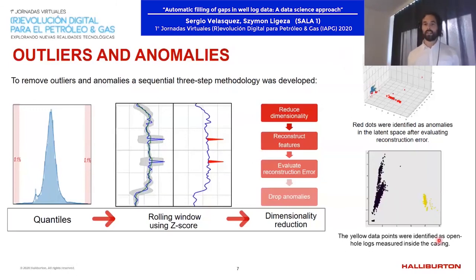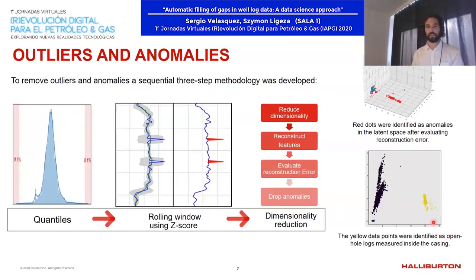outliers, and even go a step further here into the dimensions. We are presenting two clusters, where the yellow one represents well-logged data which was collected accidentally in casing parts of the well.